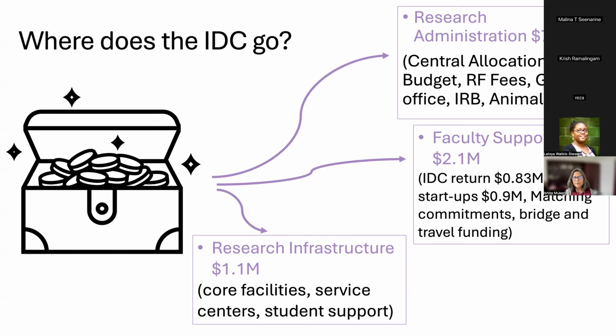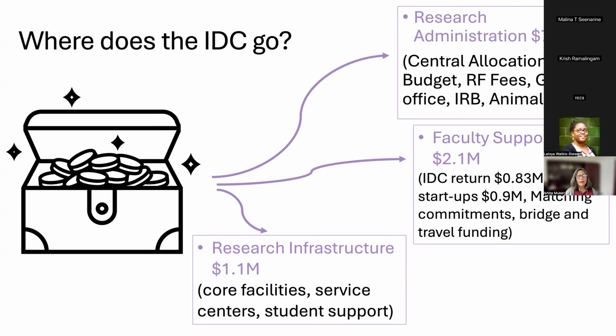Other areas where we spend money is faculty startups. So this past year, we spent about $1 million, but going forward, we're going to be hiring lots of new faculty in science and engineering, and I imagine that that number will increase as we go forward.